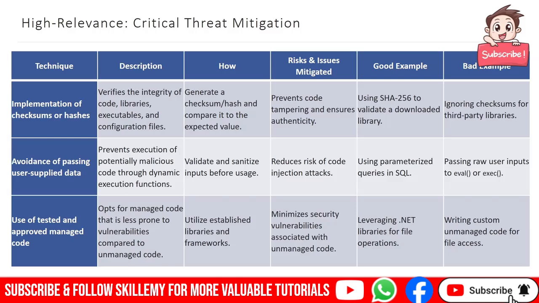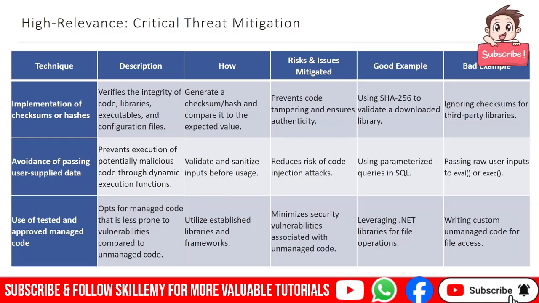By generating a checksum or hash, we create a unique fingerprint for each file. When we later compare this value to an expected one, any discrepancies can alert us to potential tampering or unauthorized modifications. This proactive approach ensures that the code we rely on remains authentic and unaltered, significantly reducing the risk of introducing malicious code into our systems.